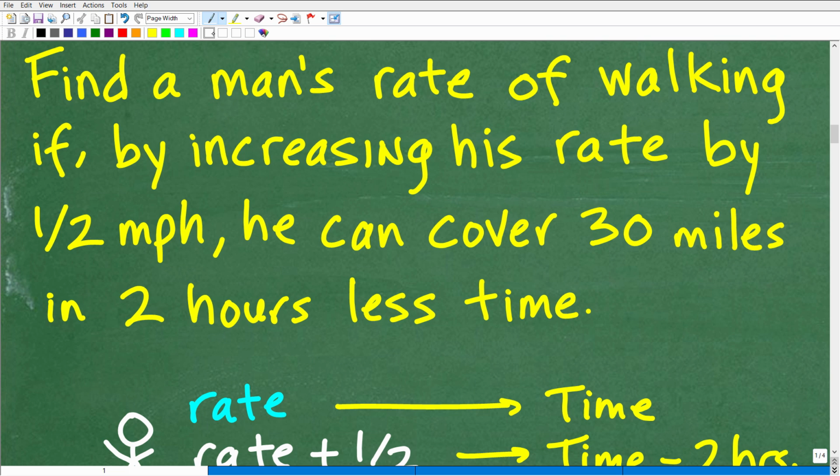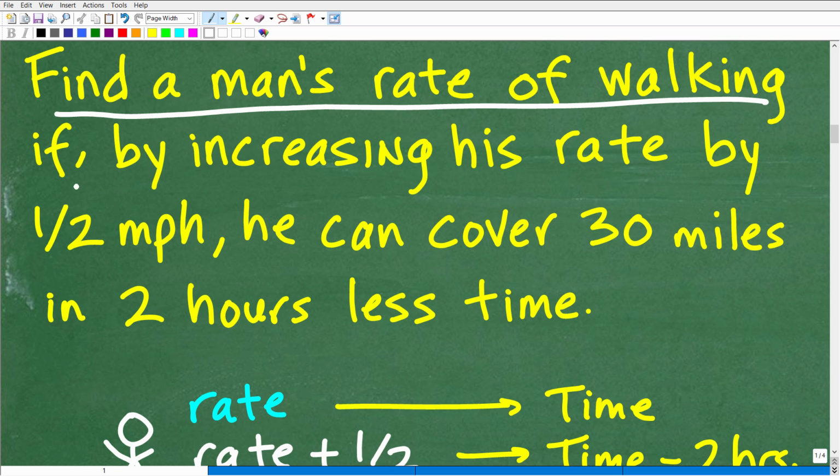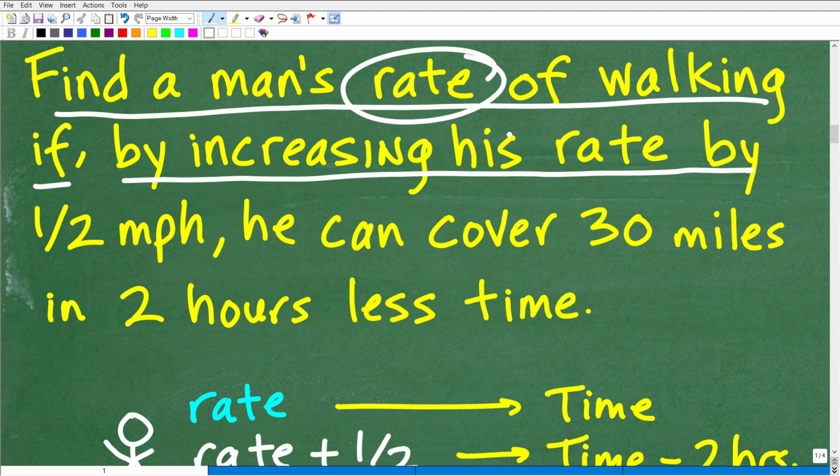Okay, so let's go ahead and read the problem again. We want to find the man's rate of walking. Okay, that is the question. We talked about what the word rate is. It's a speed or velocity. So that's what we're looking for. We want to find the man's rate of walking if by increasing his rate, in other words, he's sped up, right?